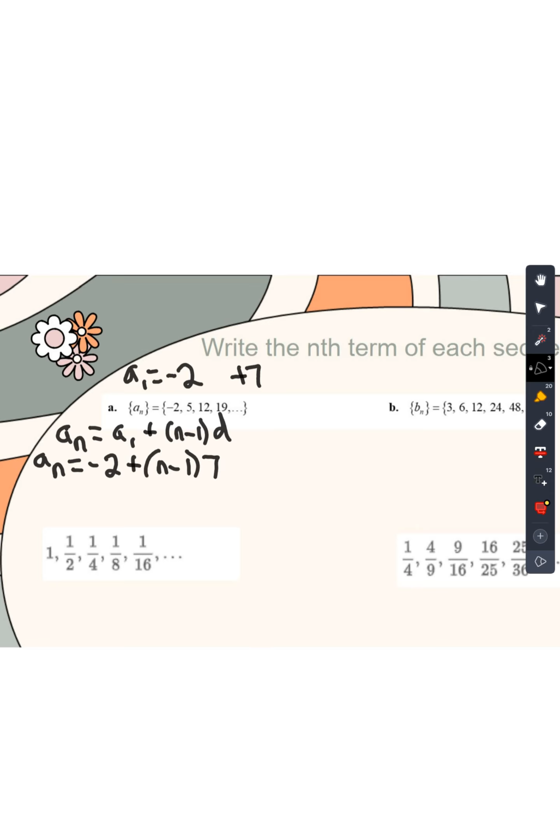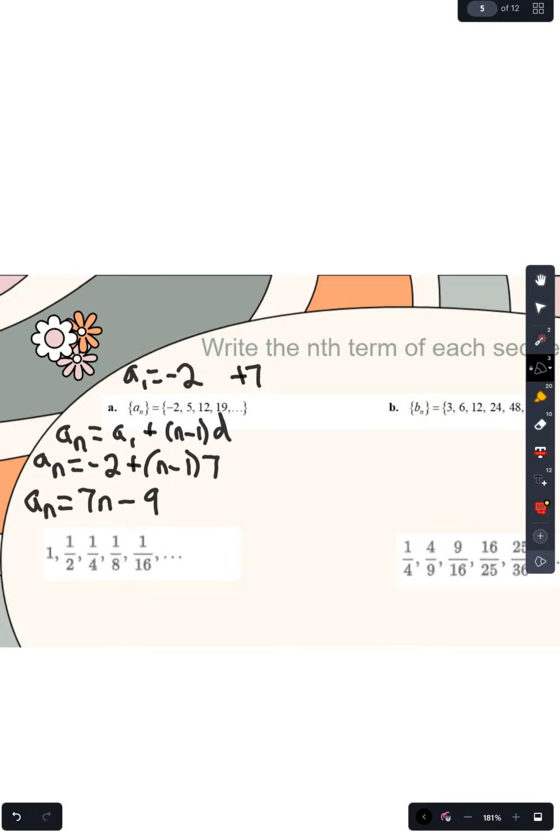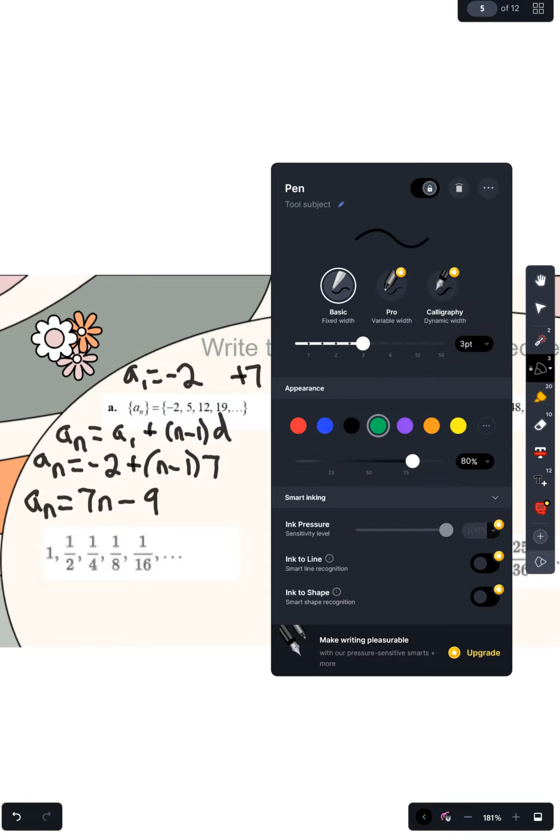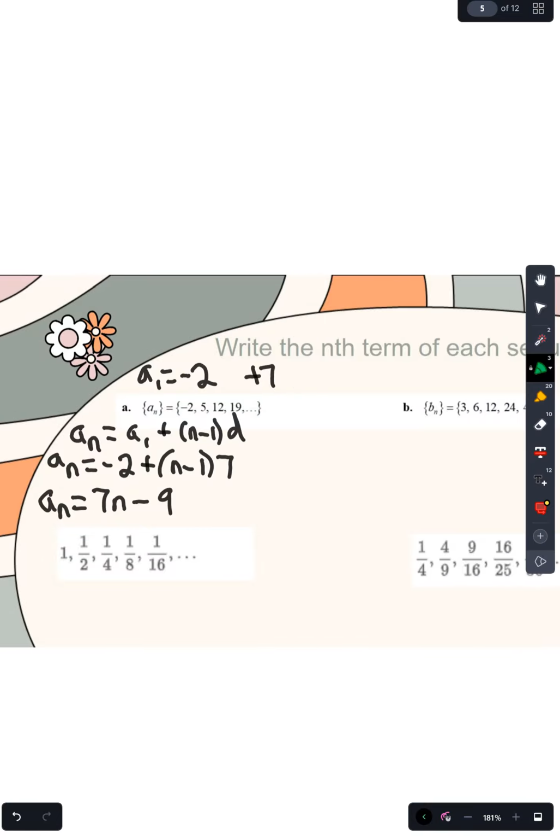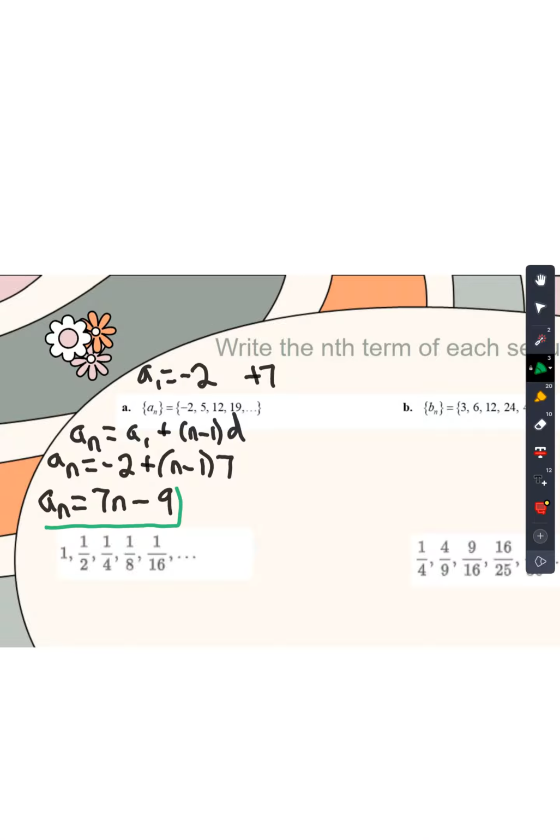And then 7 is what we are multiplying by each time. So if I were to go ahead and simplify this, just because we don't tend to leave the parentheses in there, I would get a 7n, and then I would have a -7 minus 2 gives us a -9. So that would be our final answer.